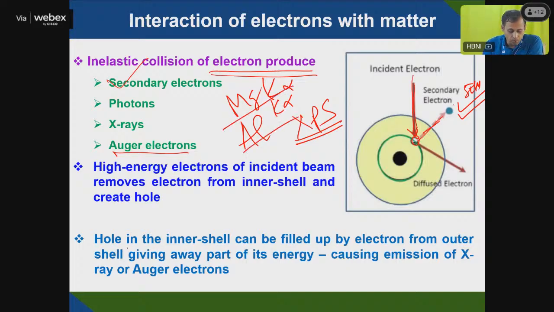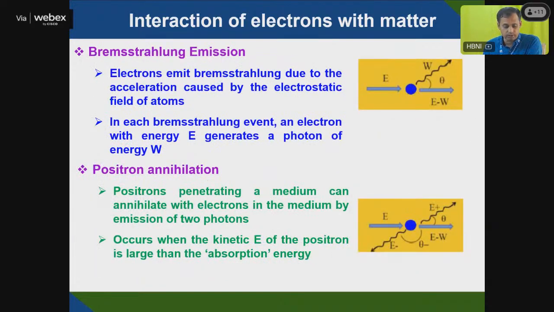The hole in the inner shell will be filled by an electron from the outer shell. Because of this hole, it can be filled, and that causes X-ray or Auger electron emission. This characteristic X-ray will be different for different materials, and we use it in X-ray photoelectron spectroscopy.